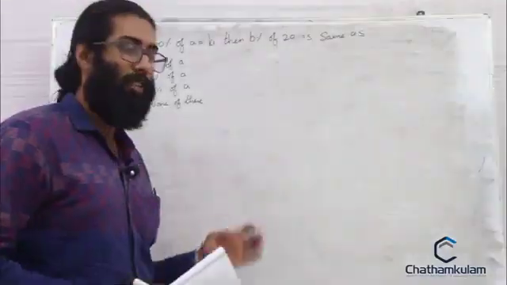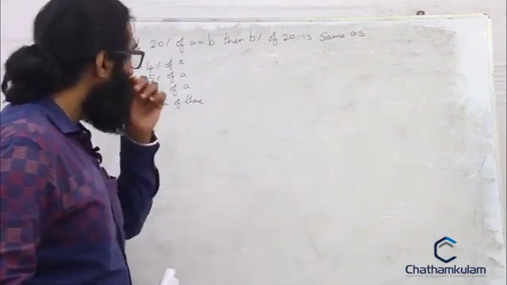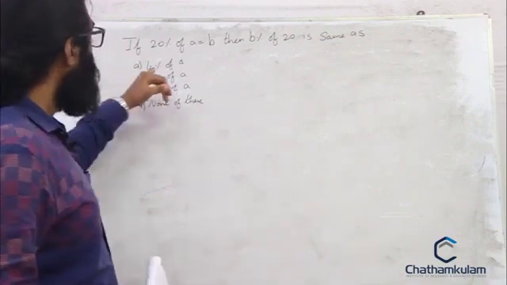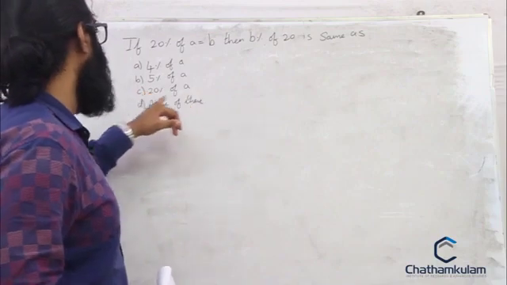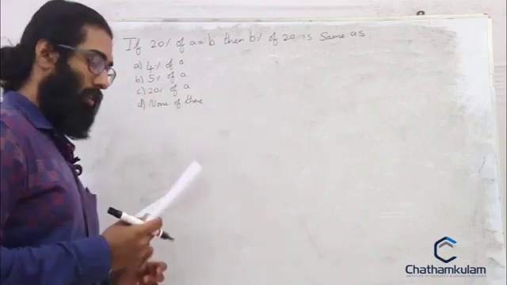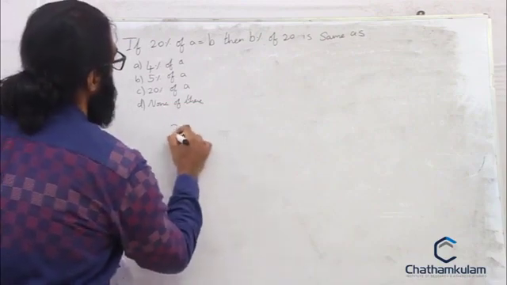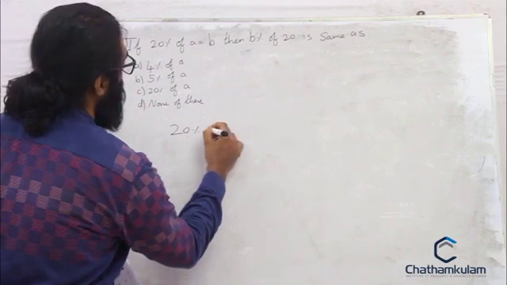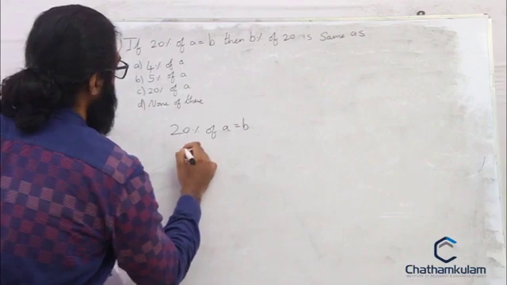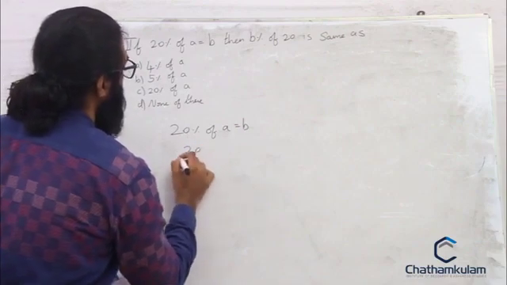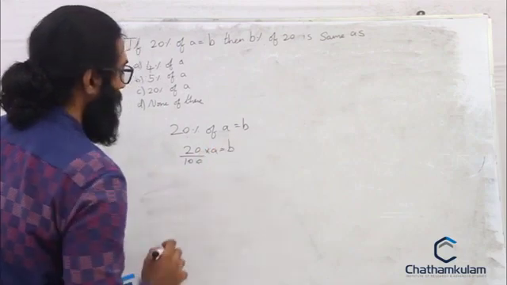So let's look into the next question. If 20% of A equals B, then B% of 20 is the same as: A, 4% of A; B, 5% of A; C, 20% of A; and D, none of these. So first let's solve this. What is given in the question is 20% of A equals B, that is we can write this as 20 by 100 into A equals B, right?